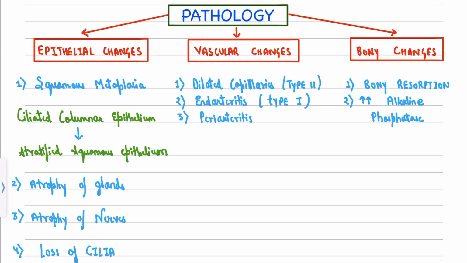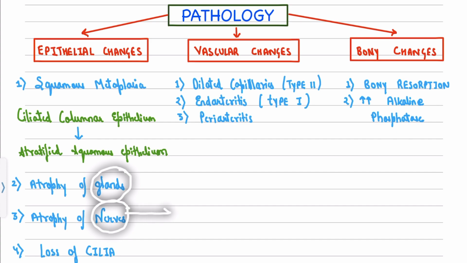In the condition of atrophic rhinitis, ciliated columnar epithelium changes into stratified squamous epithelium. So this is the first epithelial change. Then we see atrophy of glands and atrophy of nerves.